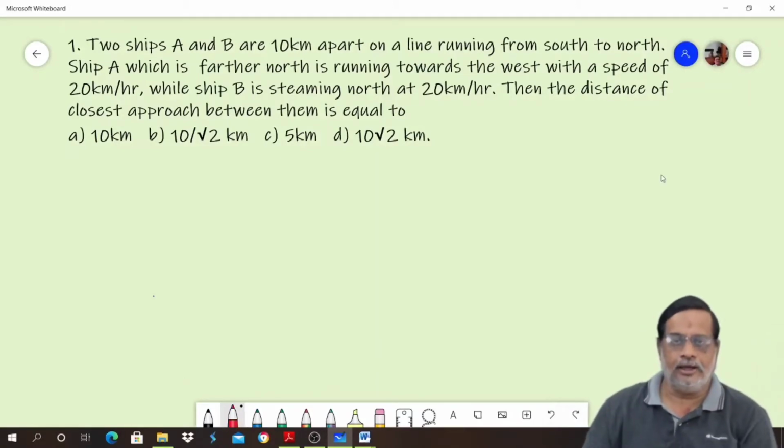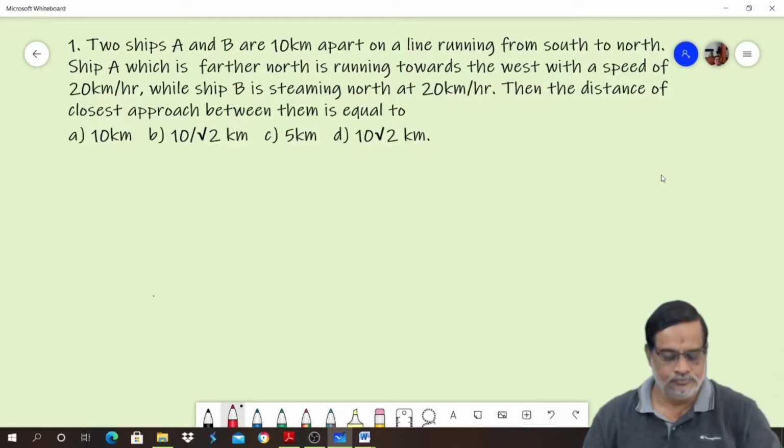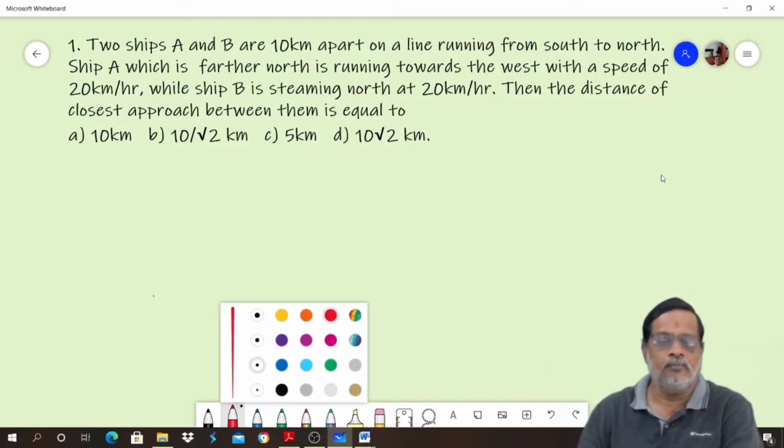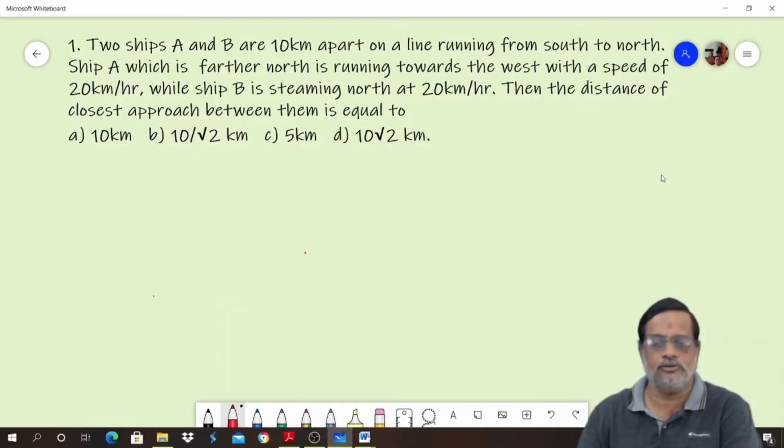So let me draw a diagram showing the two ships. They are running on a straight line from south to north. So let us draw a diagram here, south to north, and the distance between them is 10 kilometers.